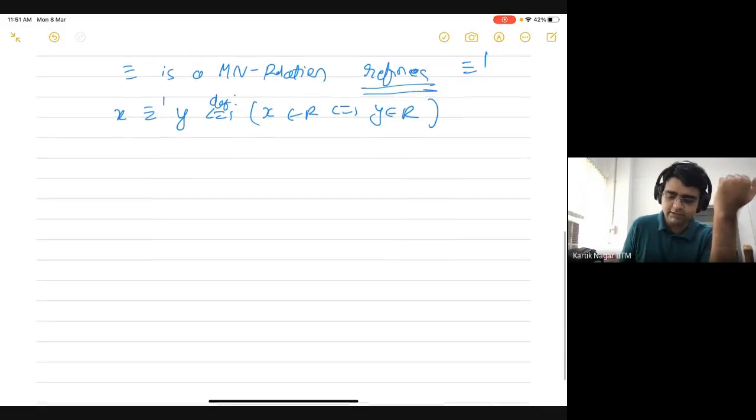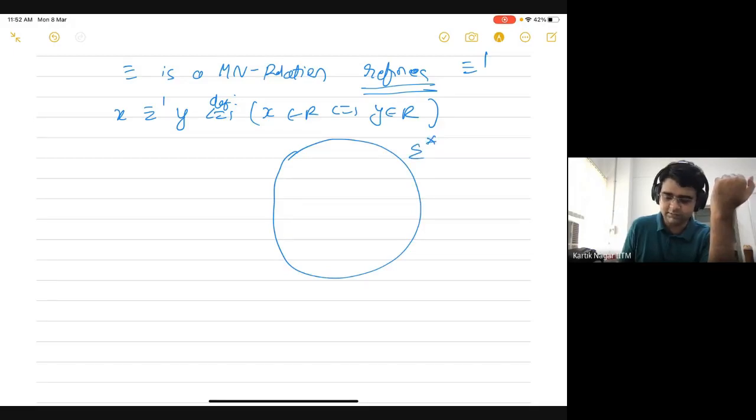And if you consider the equivalence classes of the prime relation, so let's consider the set of all strings which are present in sigma star. Then there are only two equivalence classes: R, and sigma star minus R. All of the elements that are present in R are related to each other.